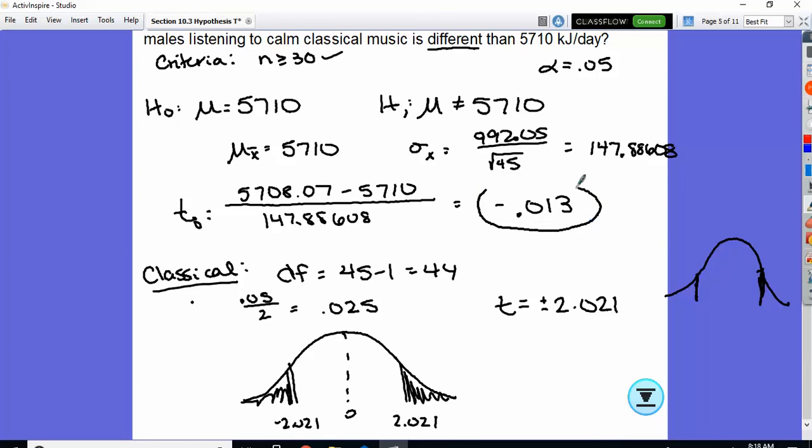So if you look at your t, negative 0.013, would that be in the shaded area here? No. Negative 0.013 would just be up here, right? To be in the shaded area, you'd have to be like more negative than this, so negative 2.5, negative 3, those kinds of things. So this would be in my non-shaded area, so what does that tell me? Fail to reject.